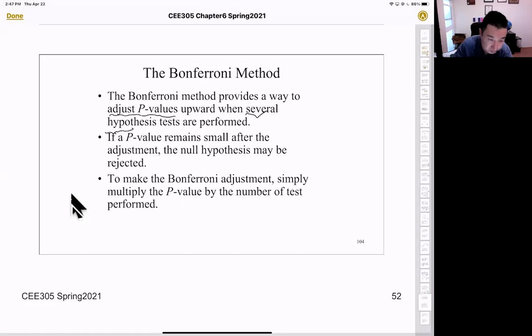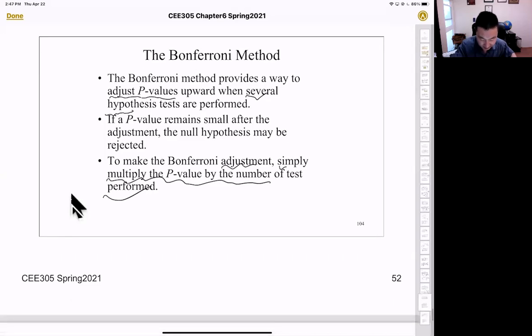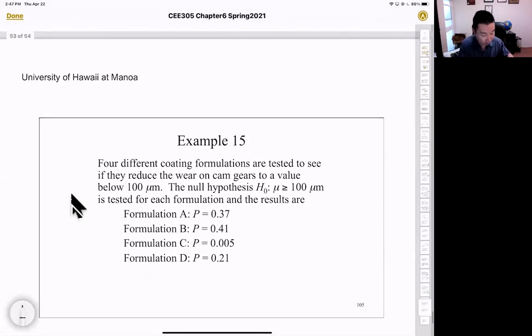If the p-value remains small after the adjustment, then the null hypothesis can still be rejected. The adjustment is very simple: multiply the p-value by how many tests we have performed. For example, if we perform 4 tests, then the p-value will be multiplied by 4.